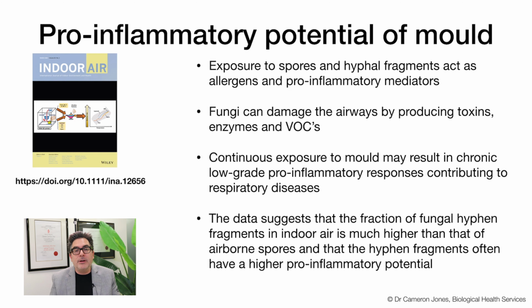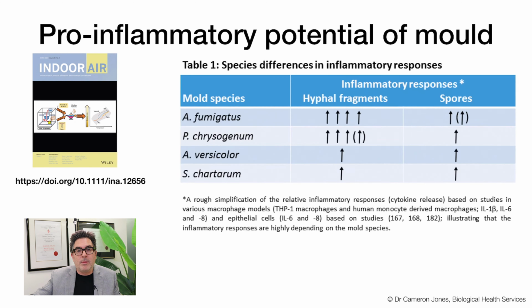These literatures demonstrate very conclusively that it is the very small particles that are causing this pro-inflammatory problem for people. To make this very clear, I've extracted a couple of the tables from this publication showing the comparison between the inflammatory response for spores on the right-hand side versus the hyphal fragments.